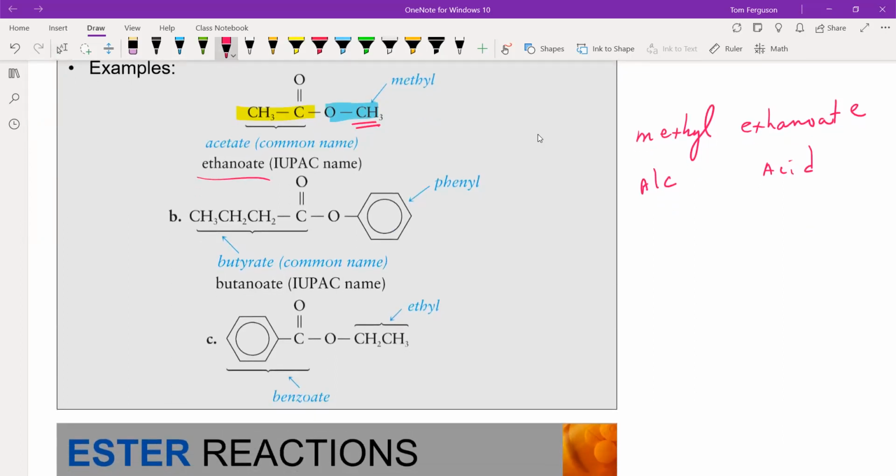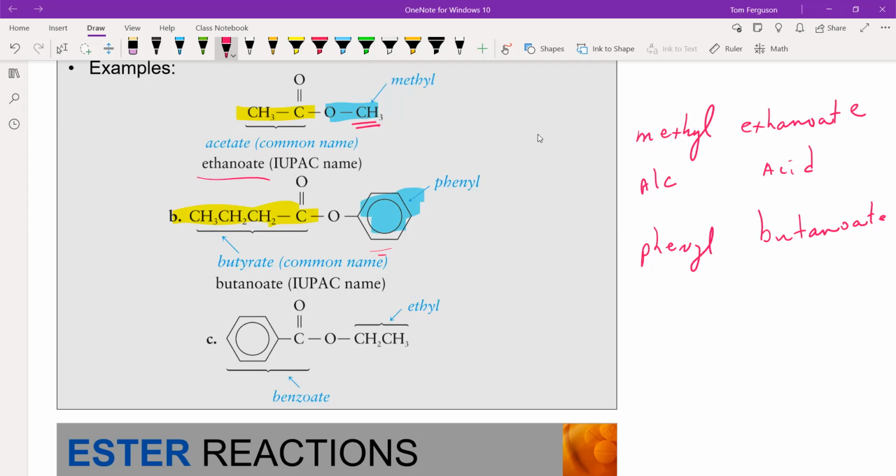All right, so let's name this guy here. Okay. All right, so this is going to be named the alcohol part first, so it's going to be phenyl. And we name the butanoic acid, butanoate, butanoic.